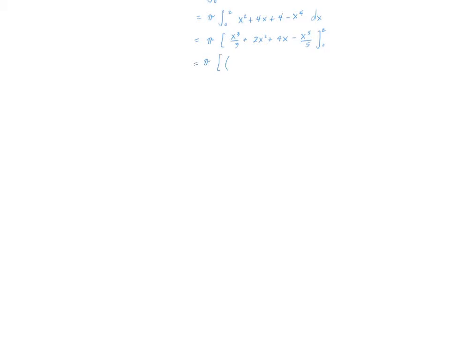Putting in 2 for x, I have 8/3 plus 8 plus 8 minus 32 over 5, and then we're subtracting 0, so I don't even have to write that. After computing, I have 184 pi over 15. Again, double check me on those computations. That's actually not the main focus here. The main focus is setting these up.